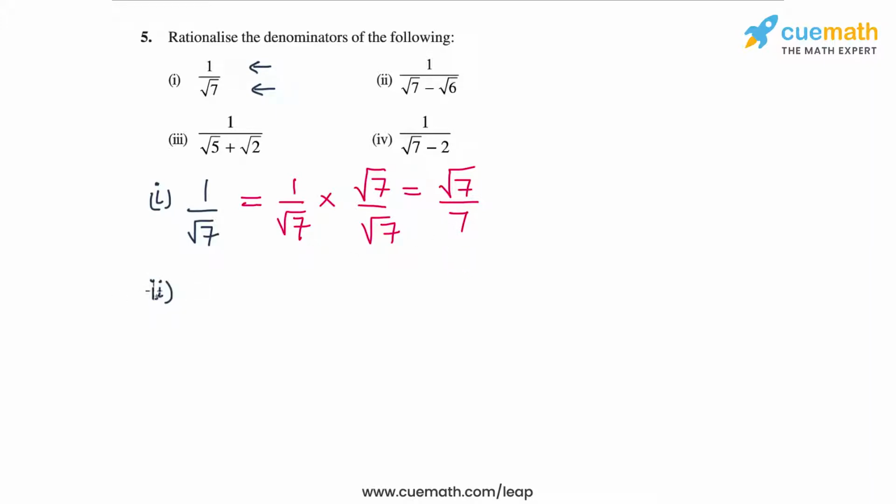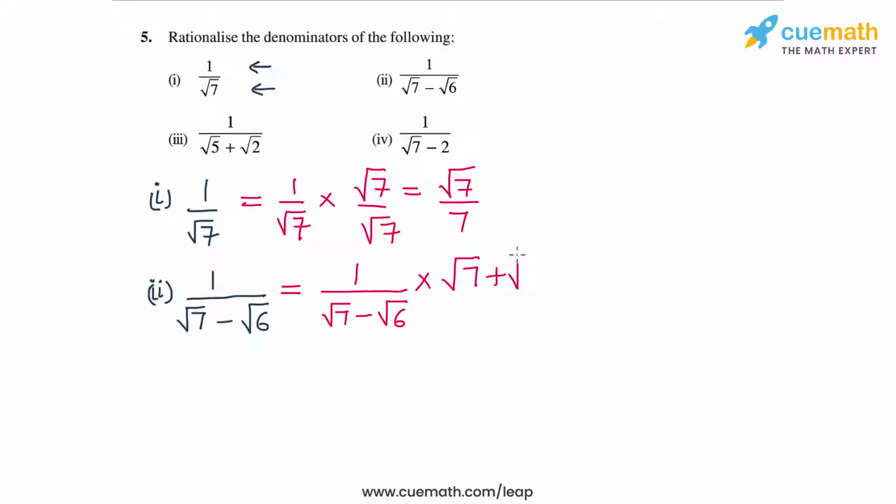In part 2 we have 1 by root 7 minus root 6. So we will multiply both the numerator as well as the denominator by root 7 plus root 6. So we will get 1 by root 7 minus root 6 into root 7 plus root 6 by root 7 plus root 6. So in the product we will get root 7 plus root 6 in the numerator.